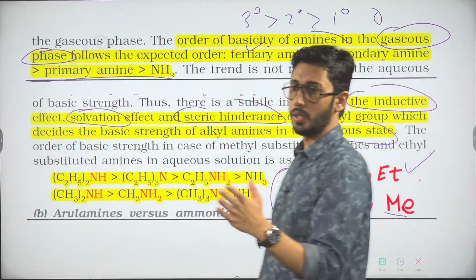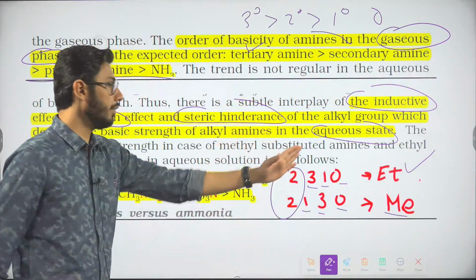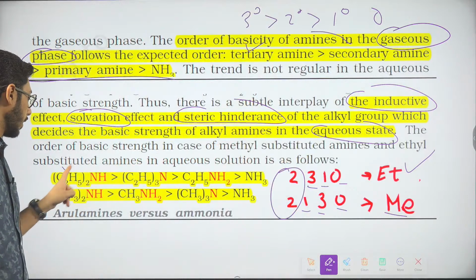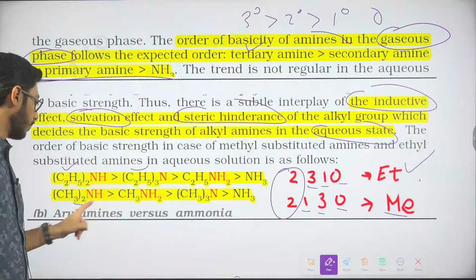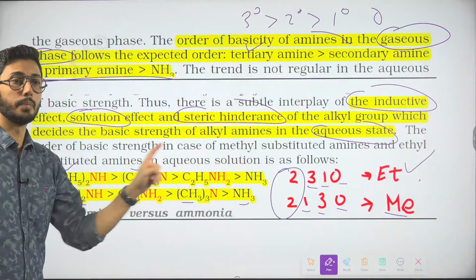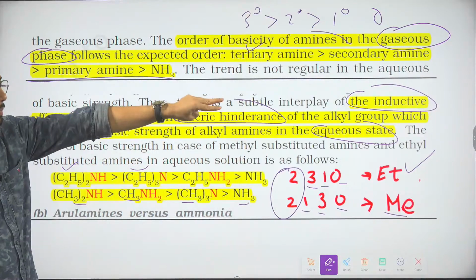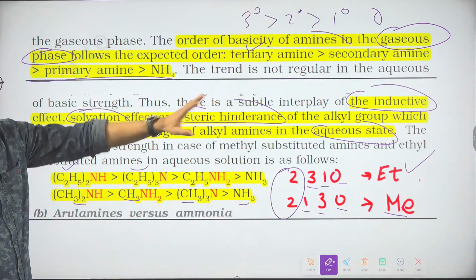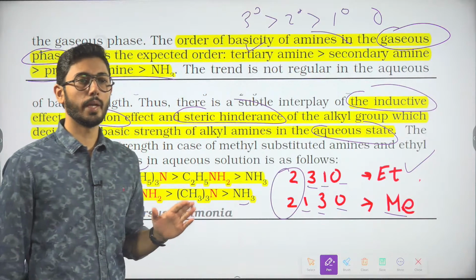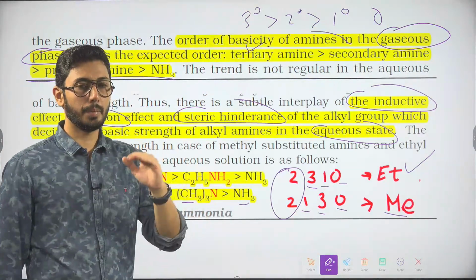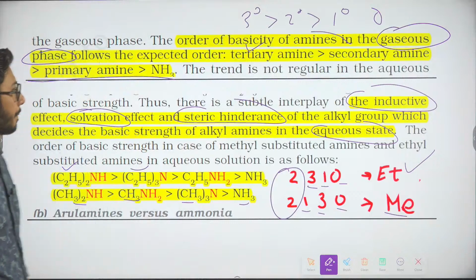That is 2, 3, 1, 0 for ethyl group, and 2, 1, 3, 0 for methyl group. Reason: three concepts are working together. We can only cross-check by the value of pKb. The lesser the pKb, the more basic the nature.